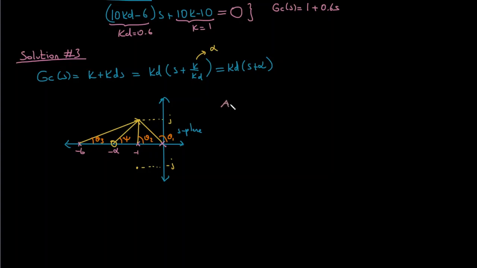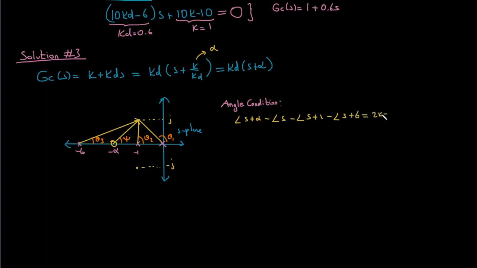So the angle condition is going to dictate that the angle of S plus alpha minus the angle of S minus the angle of S plus 1 minus the angle of S plus 6 should be an odd multiple of pi, right?